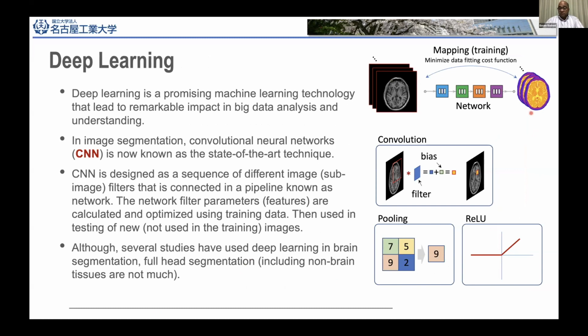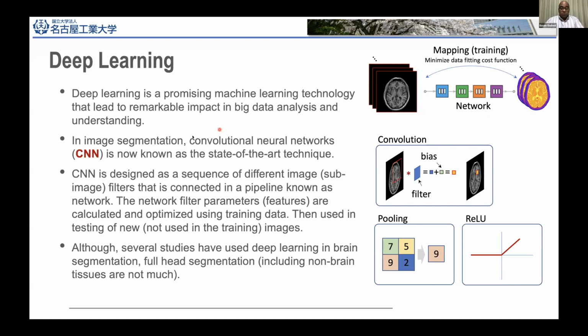We have here some kind of network, which means some kind of nonlinear operations with hundreds of millions of parameters that can be optimized to map these two sets of variables. When the network is trained, it can do the segmentation without using any additional priors about the tissues to be segmented. And this is how deep learning can do the process in a nice way.